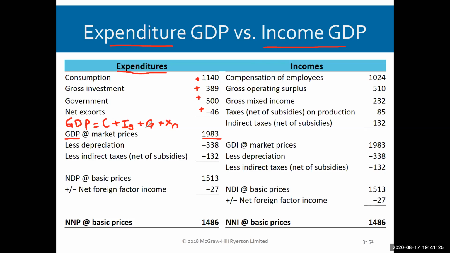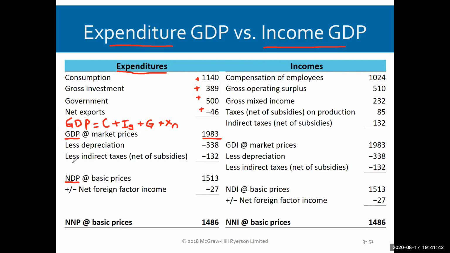Okay, then we said, well, what if we want net domestic product? We're still looking at what's happening inside Canada, whether it's foreign companies and foreign people or domestic companies and domestic Canadians. We're still looking inside the borders.